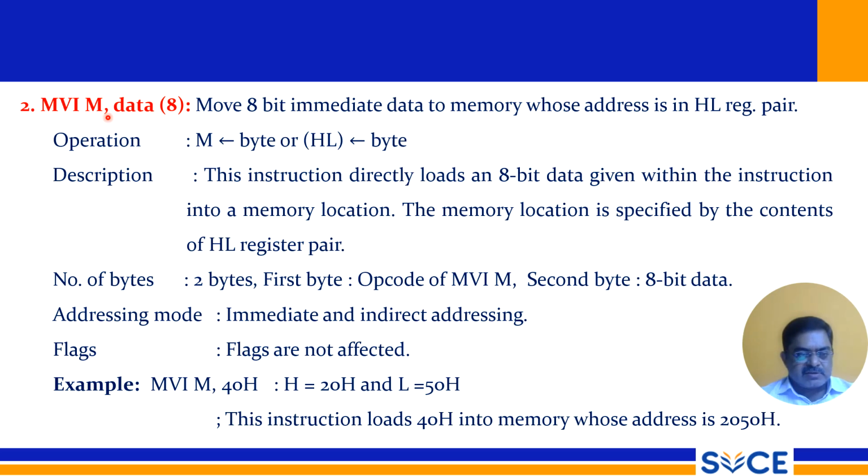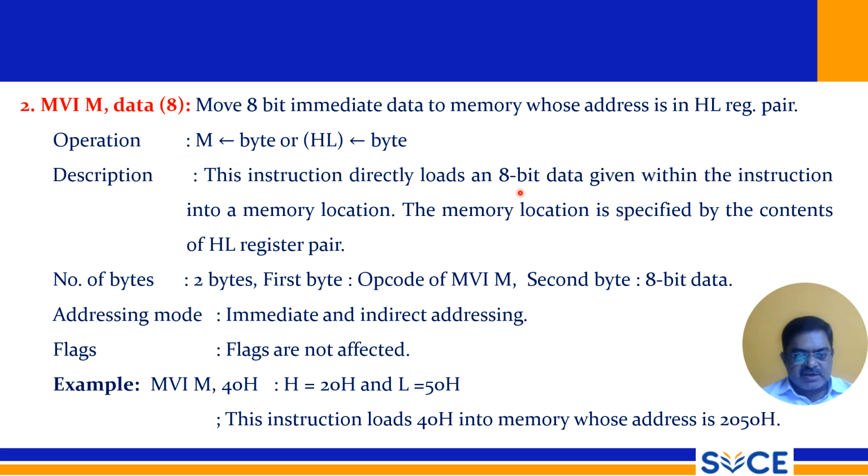This data is moved to the address pointed by the HL register pair. It moves 8-bit data to the memory whose address is in the HL register pair. So the operation is that the 8-bit data is moved to the address that is pointed by the M register, that is the memory pointer, the HL register pair.